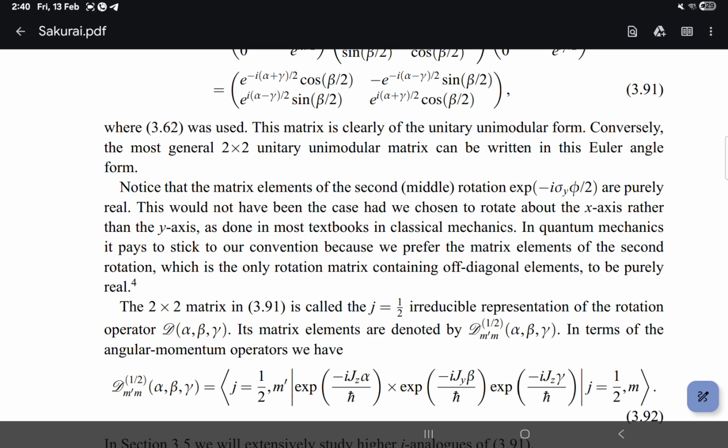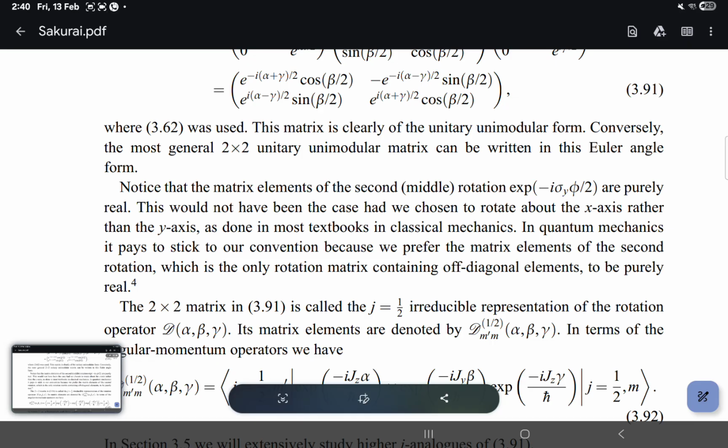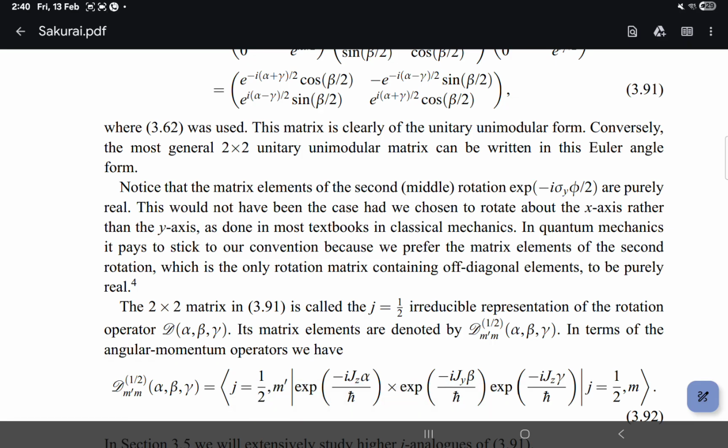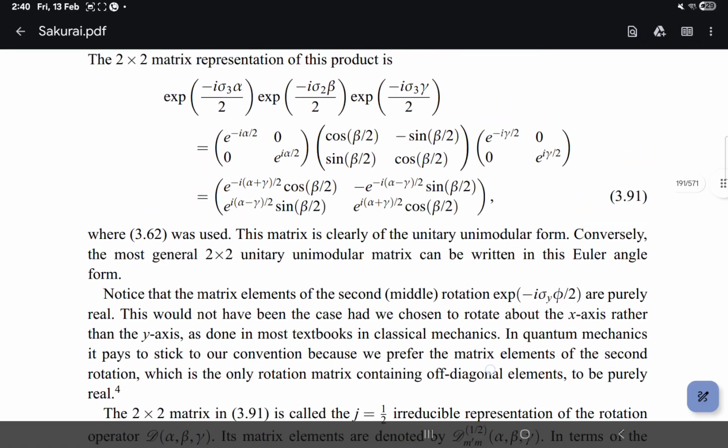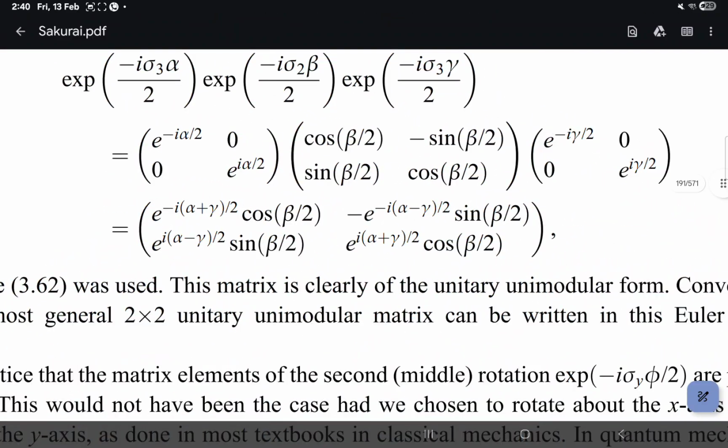I don't know what he means by this, but this thing we found. Okay, so I want to just paste it. This is very important.